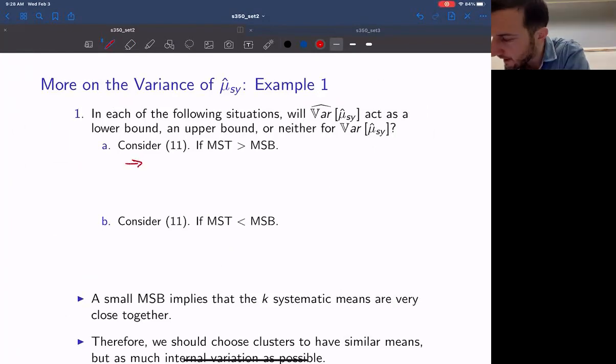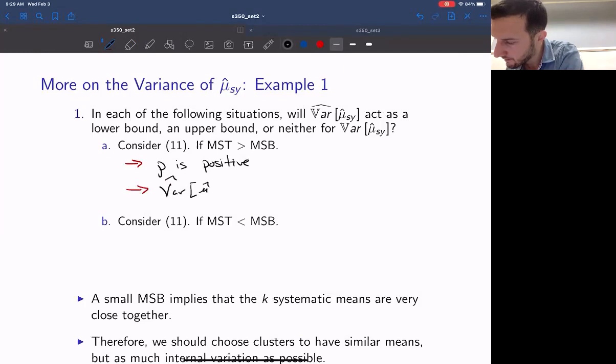This means that rho is positive, and the variation estimate of mu hat sy will act as an upper bound for the true variation.